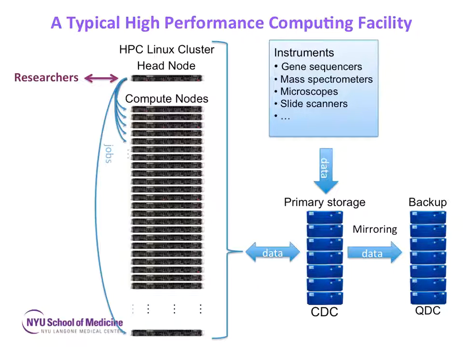So this part, which we call primary storage, currently has about 1.2 petabyte of storage, which is almost 85% full, and is where your files land.